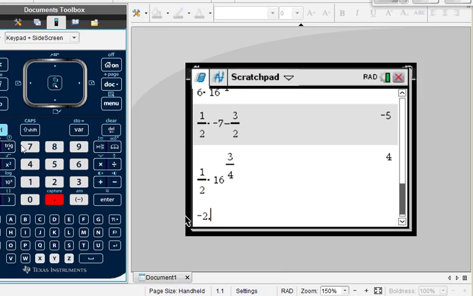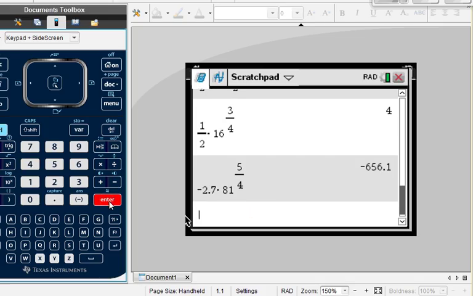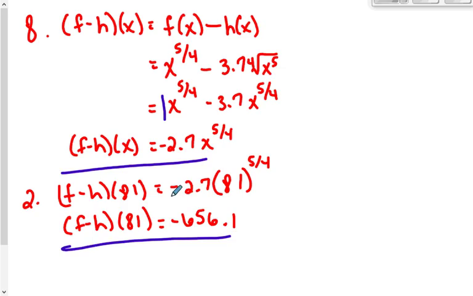Negative 2.7 times 81 raised to the 5 over 4 is negative 656.1. So negative 656.1 is my f minus h of 81. Okay, so there's 4 done.